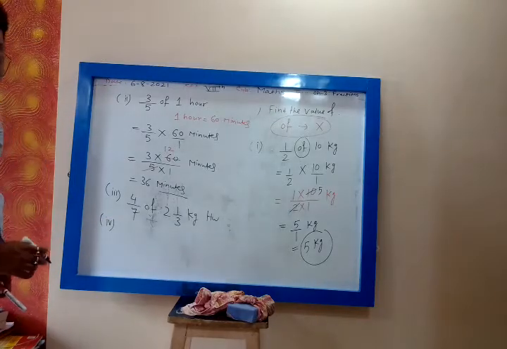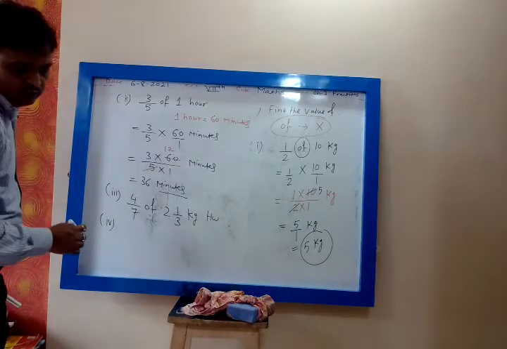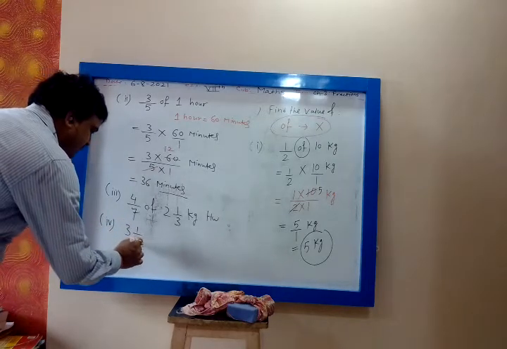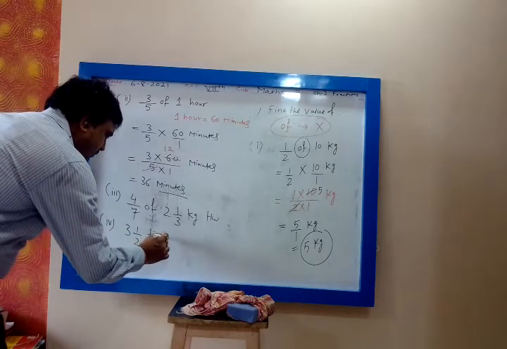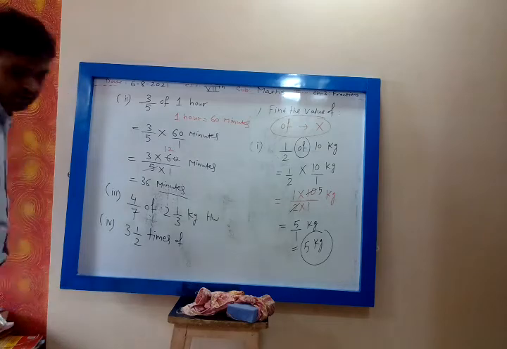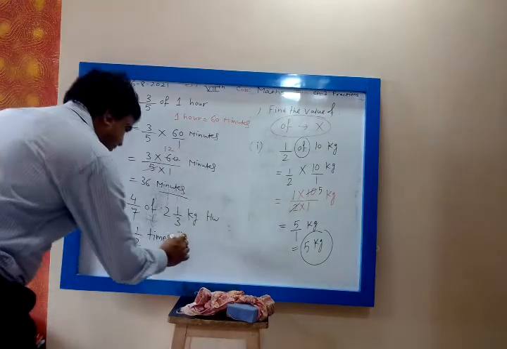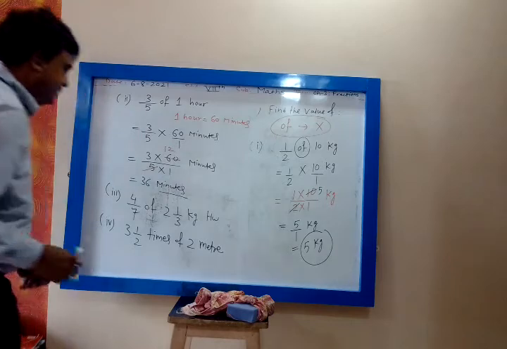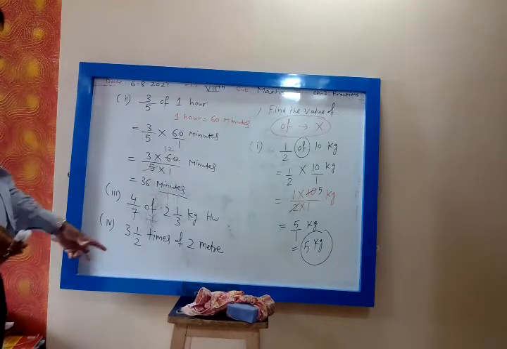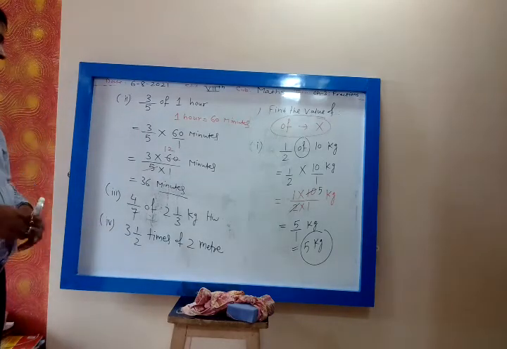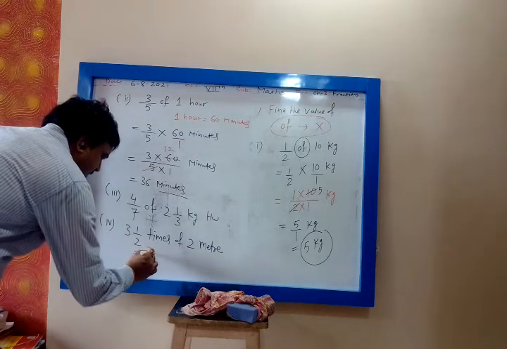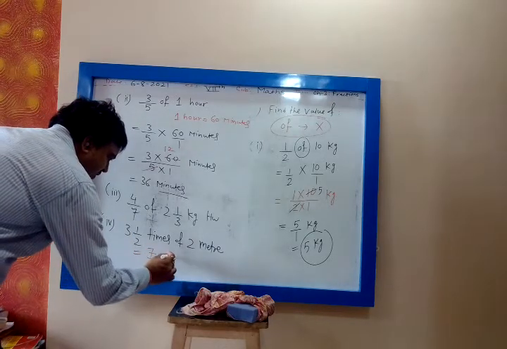Now the fourth is 3 and 1 by 2 times of 2 meter. Yes, of 2 meter. So 3 and 1 by 2 means 7 by 2, no? 7 by 2 of 2 meter.